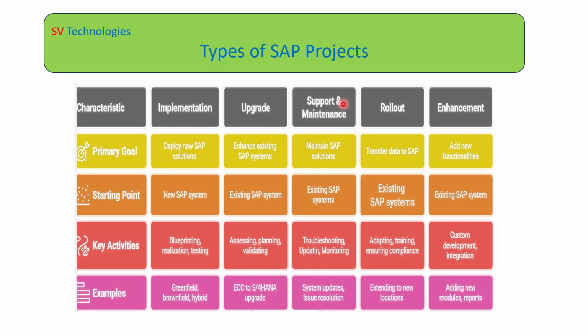During their day-to-day business transactions, if they have any issues, or if they want to do some new developments or enhancements, for such requirements we, as consultants, will support them. If they are getting issues, we will fix those issues. If they are getting new requirements, we will address those new requirements. Such projects are called support and maintenance projects, or by a different terminology, AMS, that is application management support.